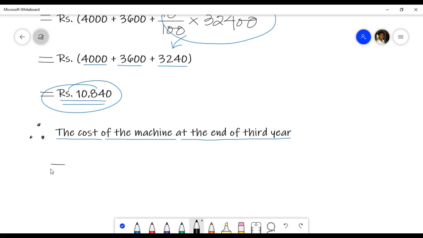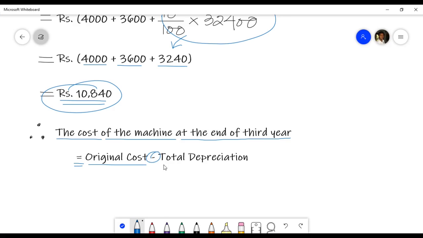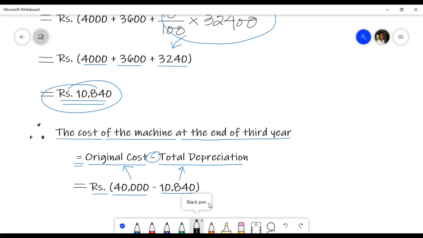What do we have to find? We have to find the cost of the machine at the end of the third year. How are we going to find it? To find that, we have to subtract total depreciation from the original cost. You remember, we have already found the original cost of the machine, that is rupees 40,000, and we also have found total depreciation for all 3 years, that is 10,840 rupees.